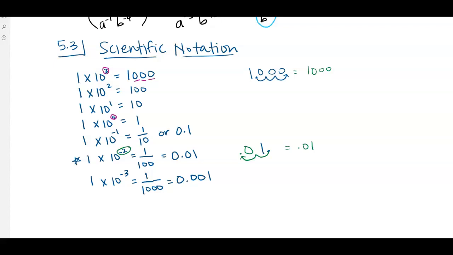So this exponent is telling you whether you're moving the decimal point left or right. And the higher the negative exponent, the smaller the number. There's going to be more digits, but that means it's a really, really small number.